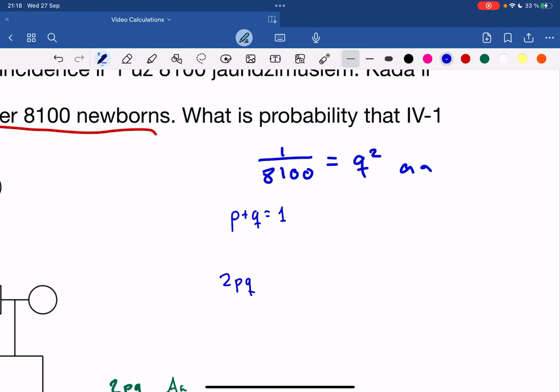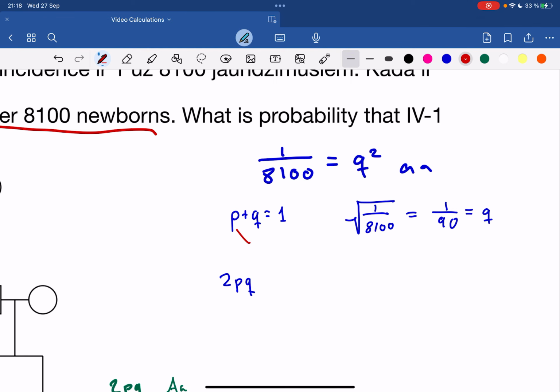So in this case, we want to know what q is alone. So we take the square root of 1 in 8,100, and we get 1 in 90. Just checking to see that I'm doing it right. Yep, that's our q.